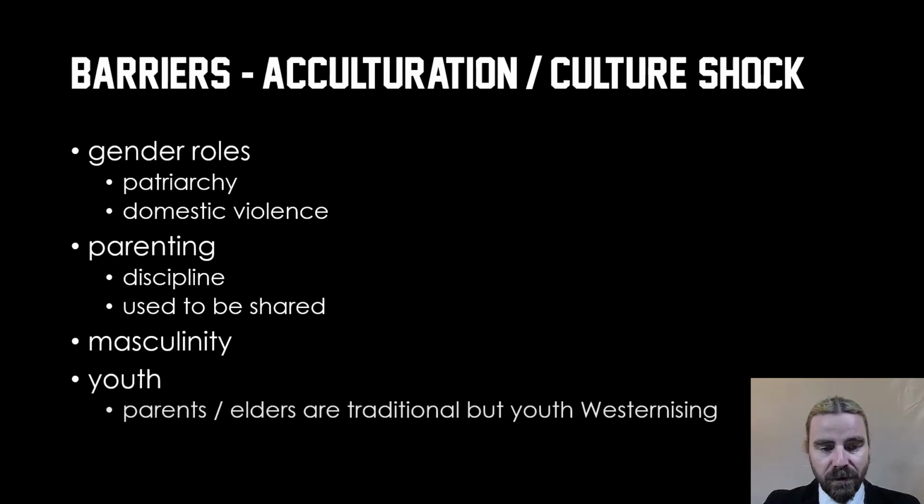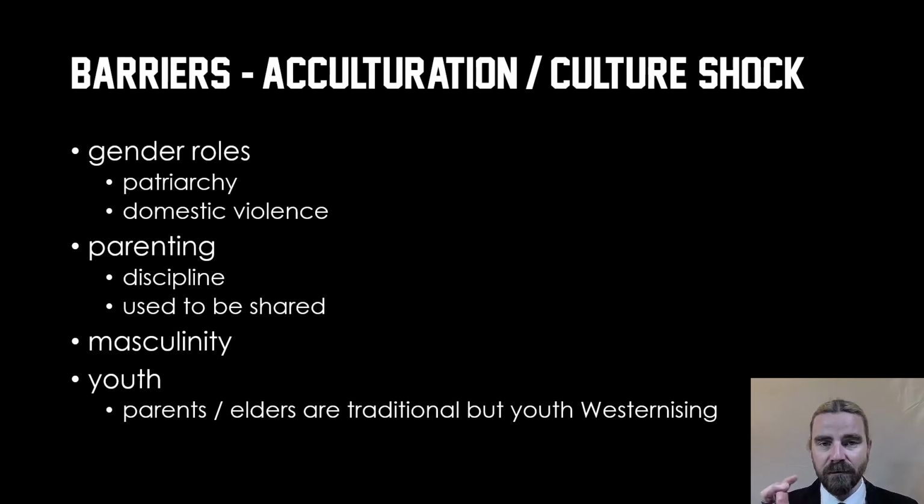In terms of youth, there's a real conflict there because young Sudanese Australians are raised within an Australian Western culture and have all of those influences, and yet they've got their parents and their grandparents and their wider community who might want them to stick to traditional Sudanese culture.